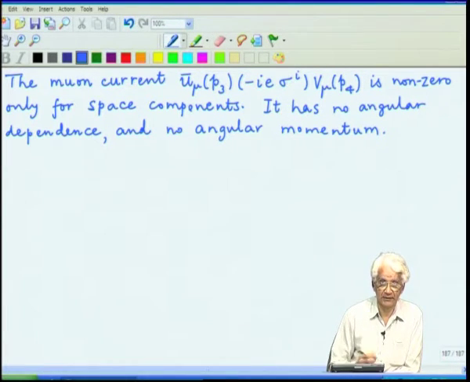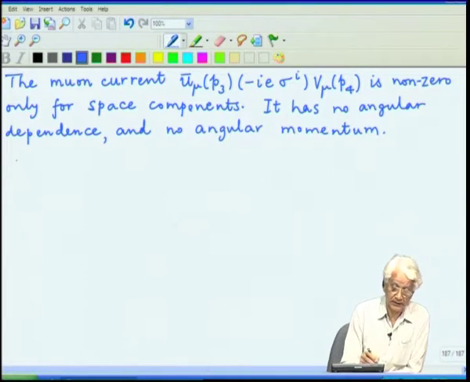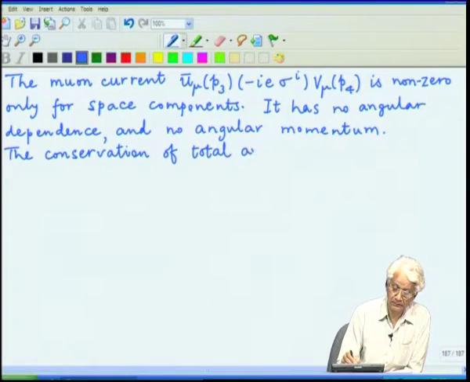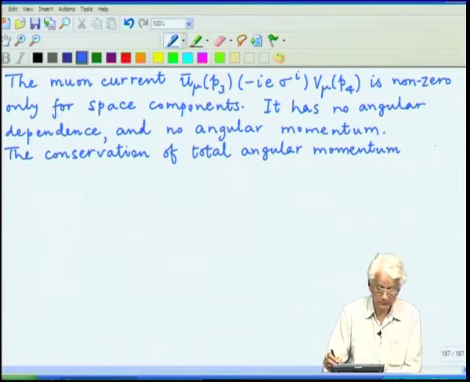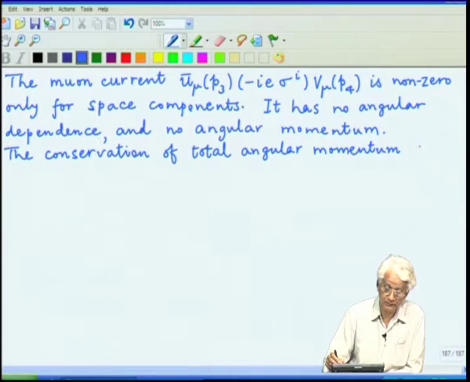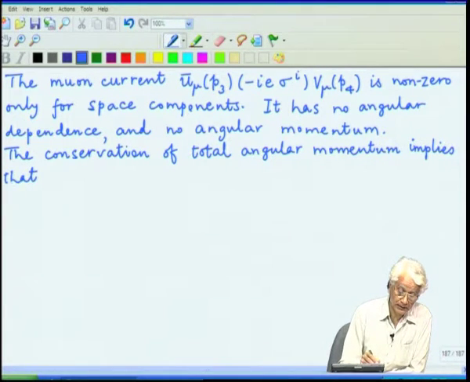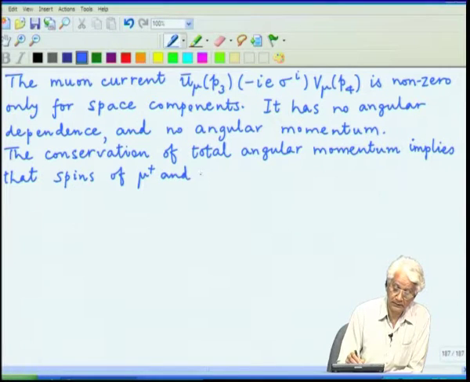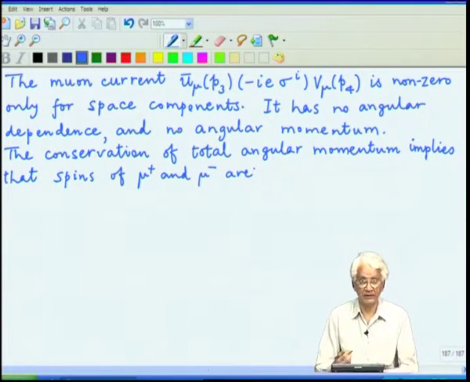The spin part is completely dictated by the conservation of total angular momentum, and so that implies that the spins carried by these muons have to be aligned with the angular momentum of the initial electrons and positrons.